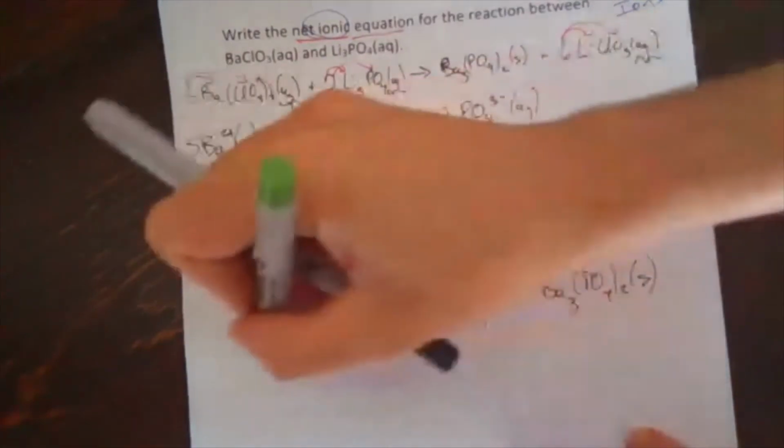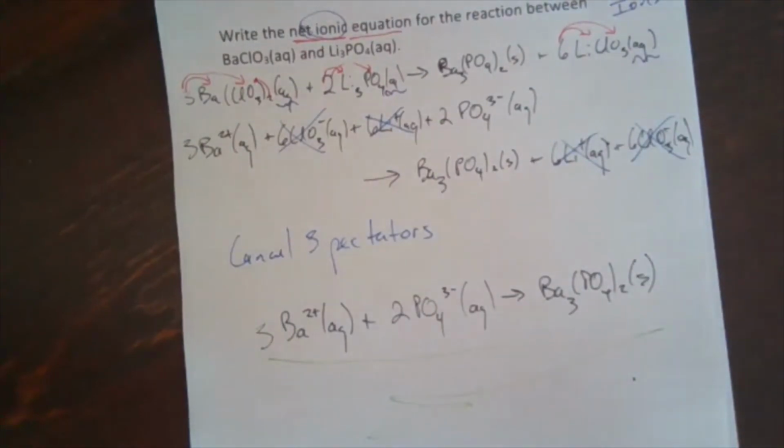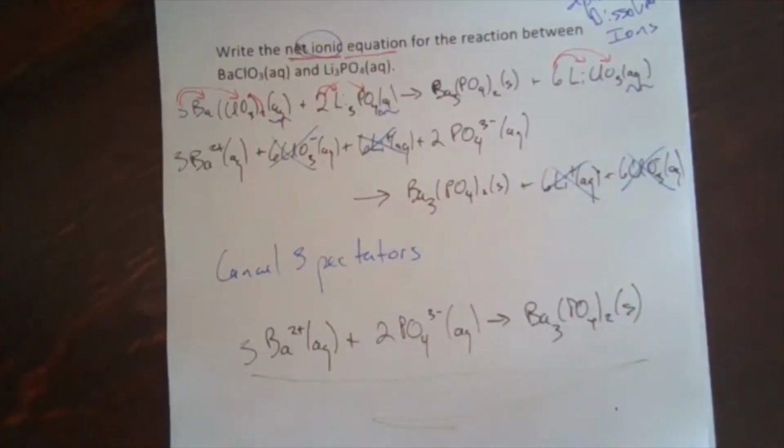And this is the net ionic. Net means you only focus on the change. Ionic means it's ions in there. And so the purpose of this is to show explicitly where the change is, exactly what the chemical reaction that's happening is.